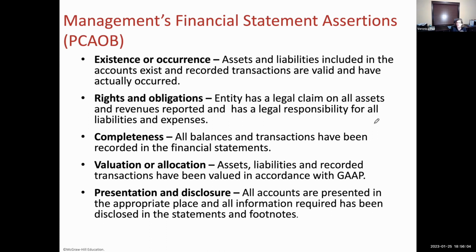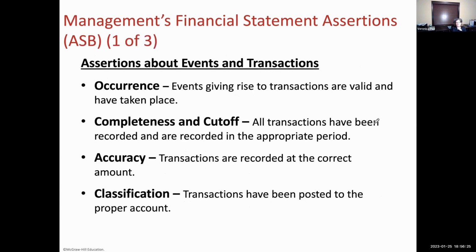Valuation, if it is more complex, let's say for investments, derivatives, now cryptocurrency falling under valuation, or if there is any estimate there. Presentation and disclosure, you have to, for example, make sure that you are disclosing in the footnote disclosure for the liabilities, the loan amortizations. So there's a bunch of rules that we need to make sure we are adhering to.